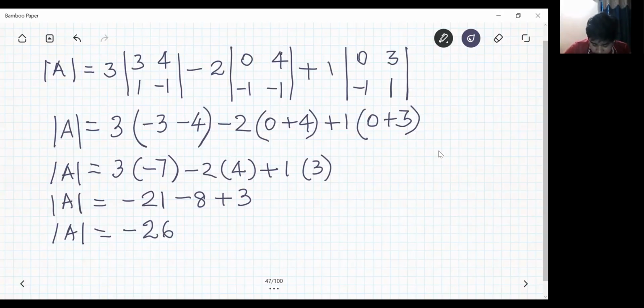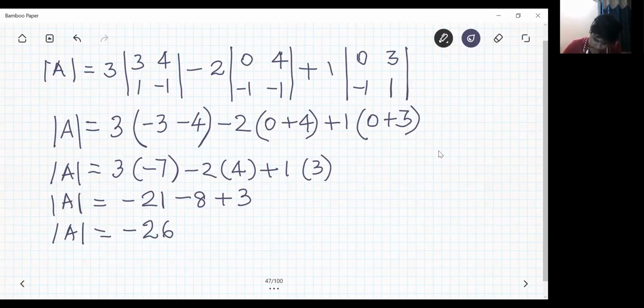Let alpha be the matrix with entries alpha 1 1, alpha 1 2, alpha 1 3, alpha 2 1, alpha 2 2, alpha 2 3, alpha 3 1, alpha 3 2, alpha 3 3.